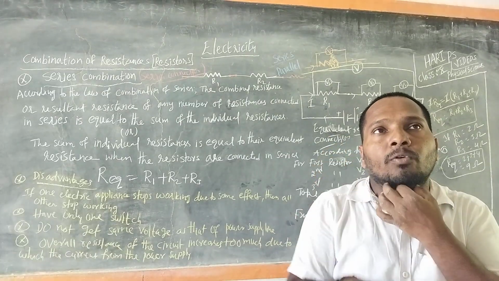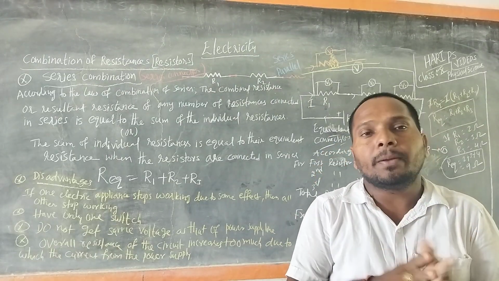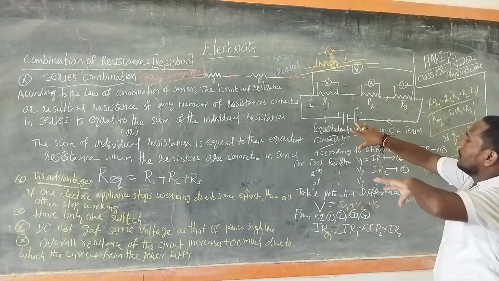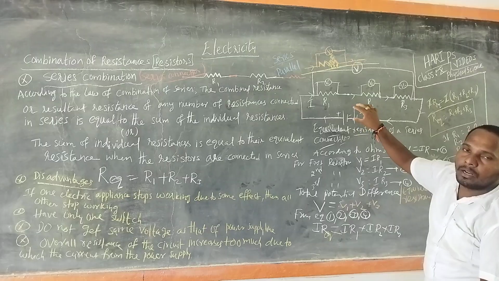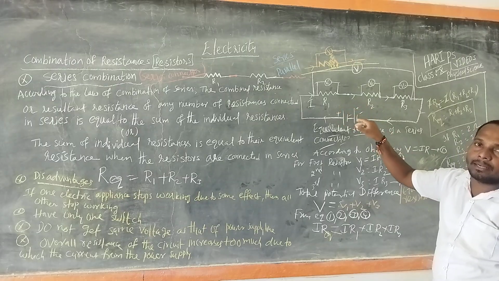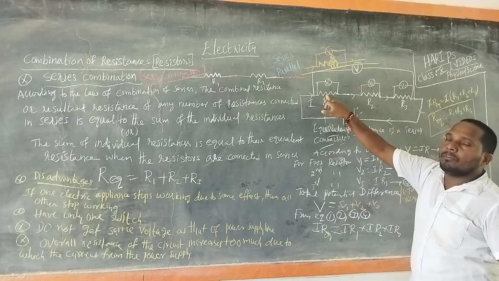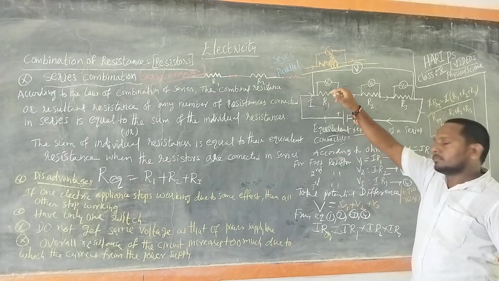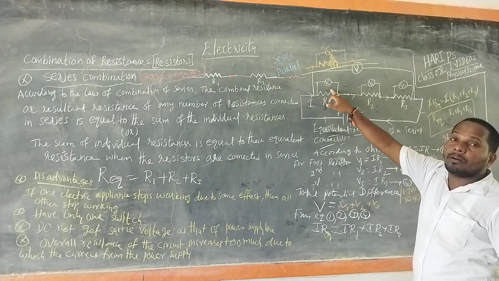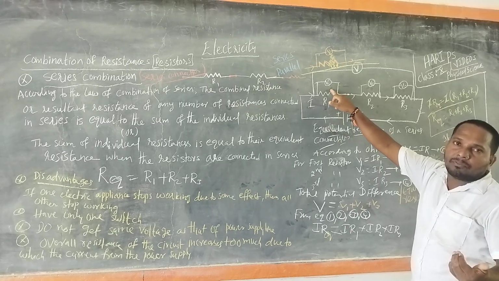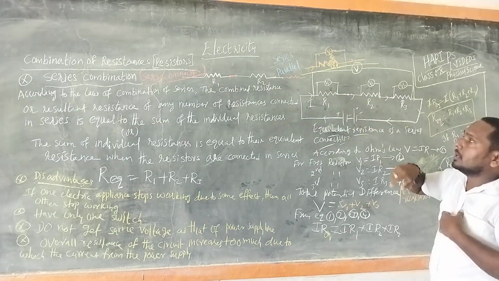So, for example, the total potential difference of the battery is equal to the sum of the potential differences of the individual resistors.